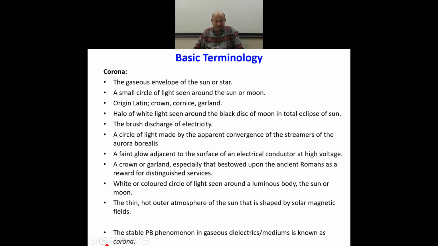In electrical engineering, to which phenomenon have we taken the word corona? We'll come to it, but when we have a very highly pointed electrode available, the field at the tip of the point is very high because of the sharpness of the electrode.